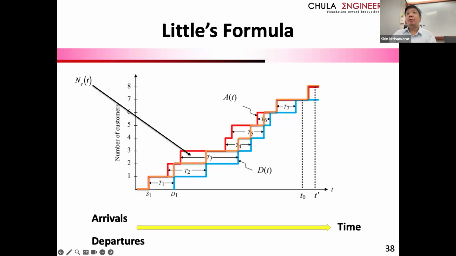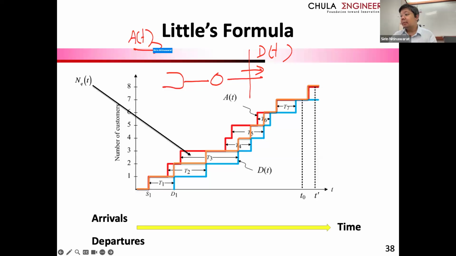Now that we apply Little formula to only the queue, we cannot consider the original DT anymore, because that DT is going out of the system entirely. That is DT, and this is AT.